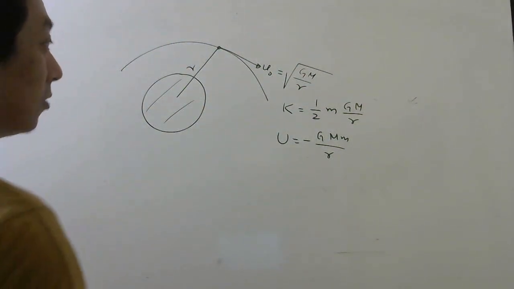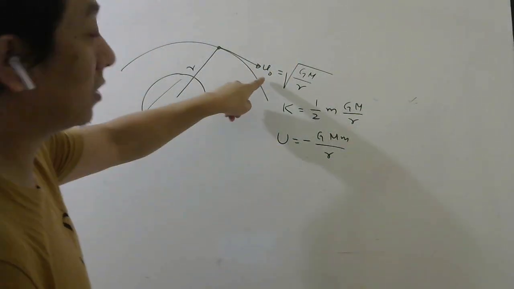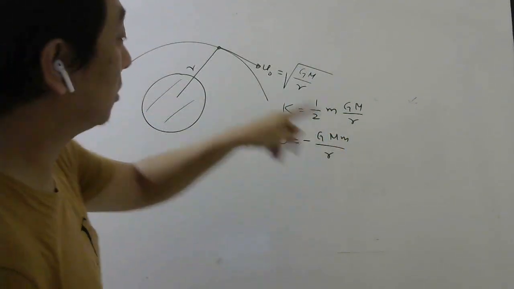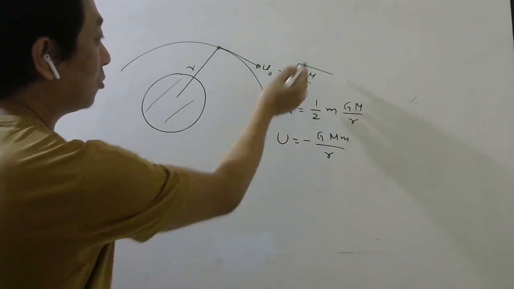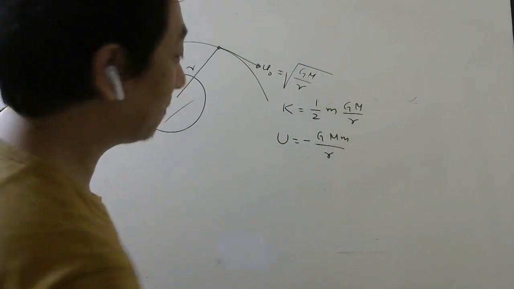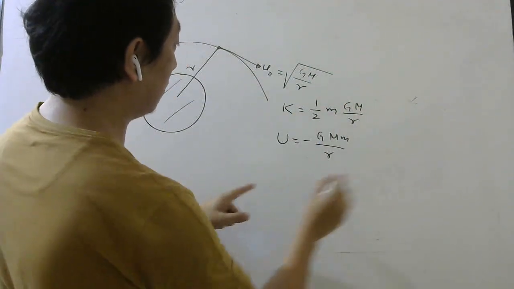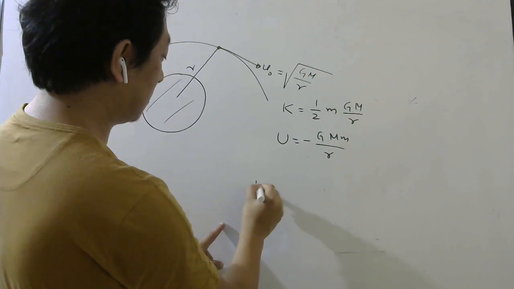Okay, now suppose you want this to go to infinity, then you have to increase the velocity. But you don't have to give it up to escape velocity because it already has this velocity. Now to go to infinity, what should be this velocity? Let us check. Right now it will never go to infinity with this kinetic energy. Why? Add once.